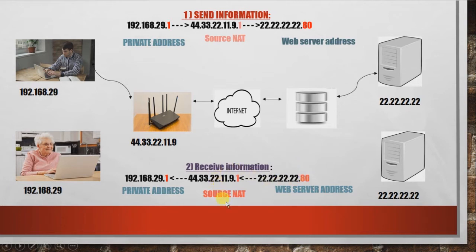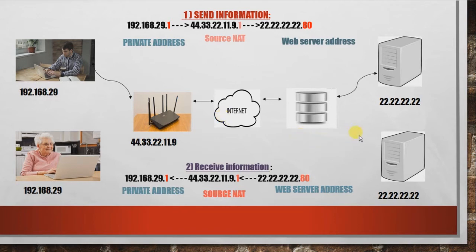It goes to the source NAT, which goes to the router 44.50.42.11:9.1, which is the same connection for port 1. And after the source NAT does the translation, Sam successfully receives the data as the source NAT sends data through his private address, which is 192.168.29.1.